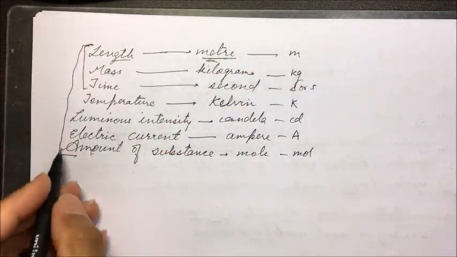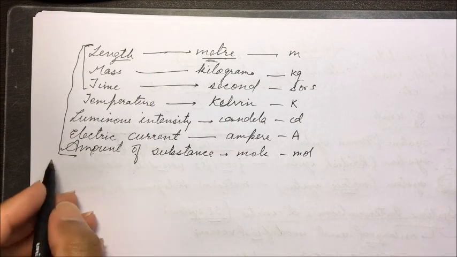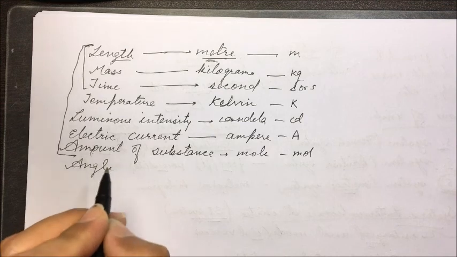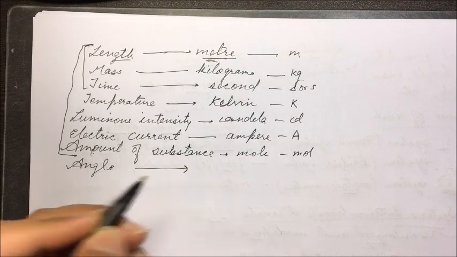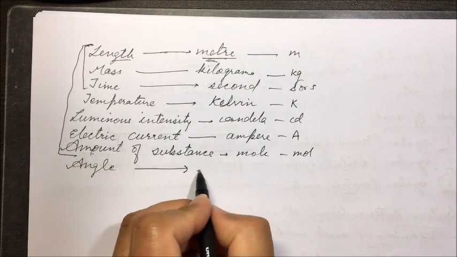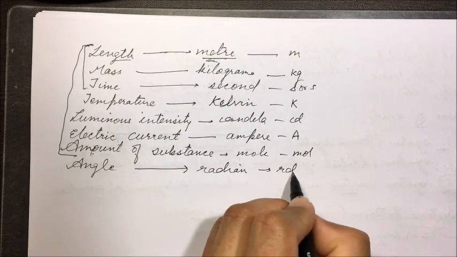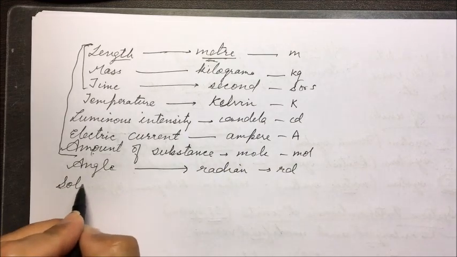Now we will be discussing the 2 complementary fundamental quantities as well. First is the angle, and for this the unit defined is radian and the symbol is rad. Second is the solid angle.